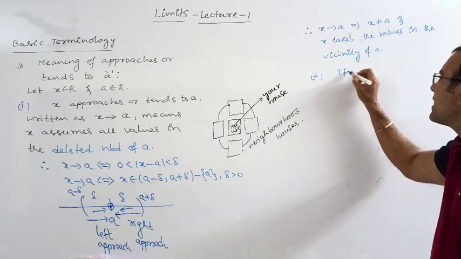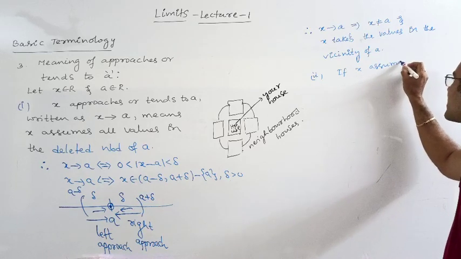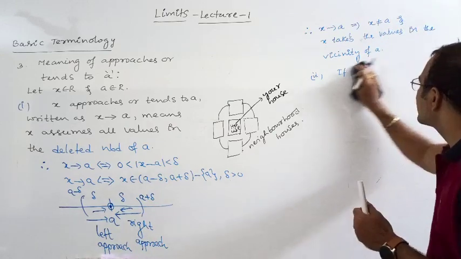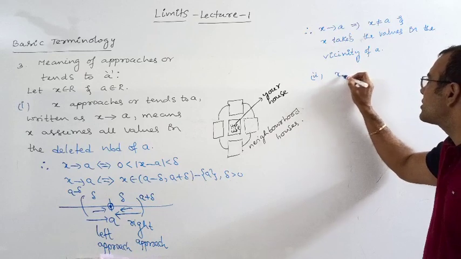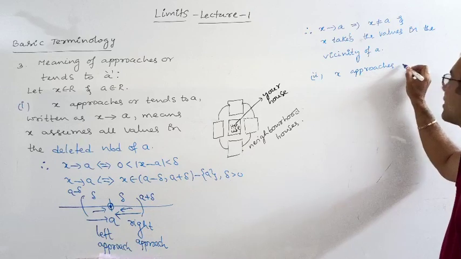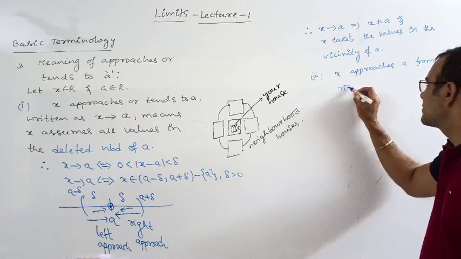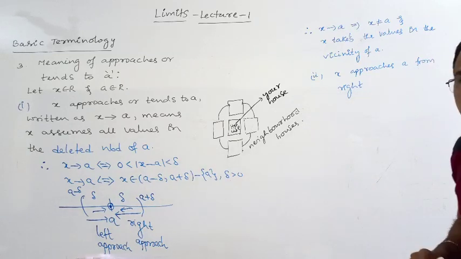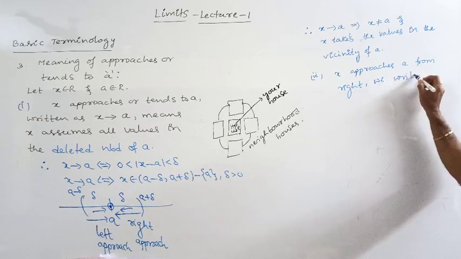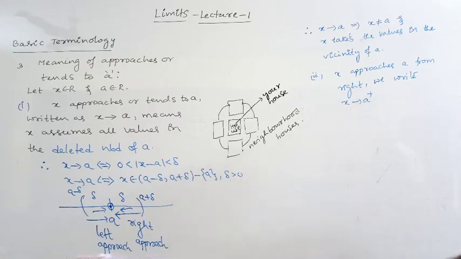If X approaches A from right, we write X tends to A plus.